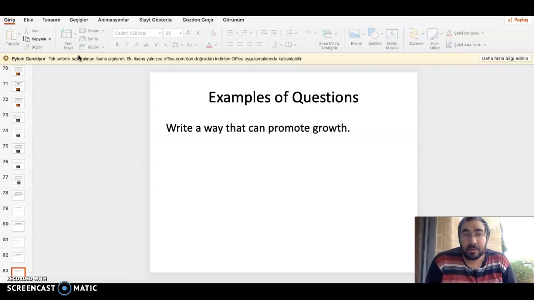Anyway, let's go down. Write a way that can promote growth. There are many different ways. But for sustainable growth, of course, you need to be sure that the resources that come to a limit should be replaced by resources that are more abundant, like solar light, for example, which is a way to make sure that your growth will continue, because those resources might put a limit, or the waste might put a limit because it might transform the environment.